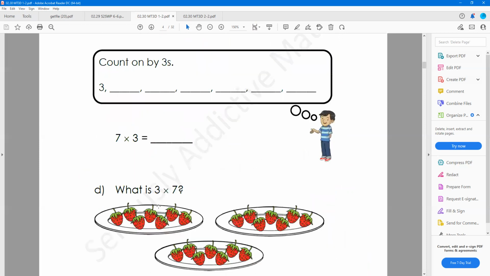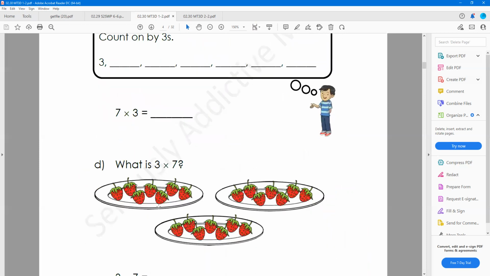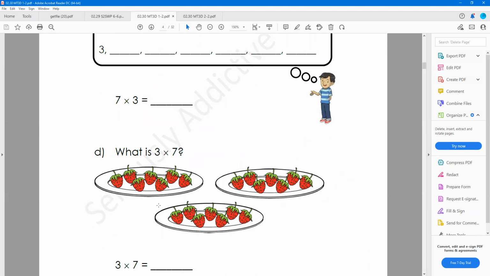At this moment, if they are not very familiar with multiplication yet, they can count. It'd be great if they can count in terms of groups, but if not, counting one by one is fine. But slowly, we want to get them to the point where they can immediately tell 3 times 7, like 7 plus 7 plus 7 equals 21.